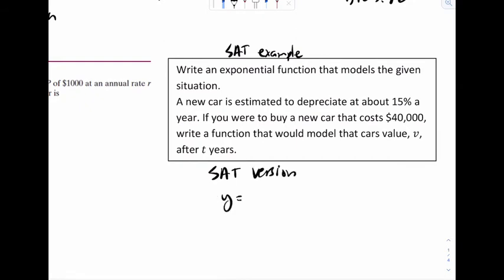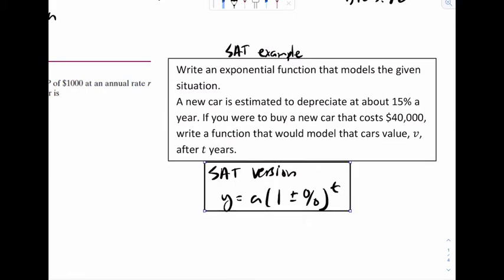Y equals A times 1 plus or minus a percent to the T. So that's your SAT version. And notice how it's way more simple than what we're doing. So A is your initial, this is your rate, and then right there is your time. And then this is clearly 1, and plus or minus to indicate increase or decrease.